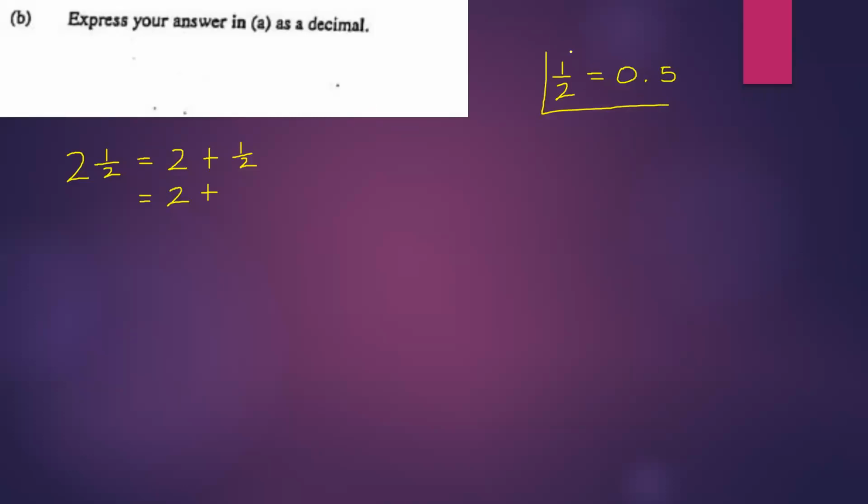So this is a half. So it would be 2.5. Very good. So it's going to be 2 plus 0.5. And 2 plus 0.5 is definitely 2.5.